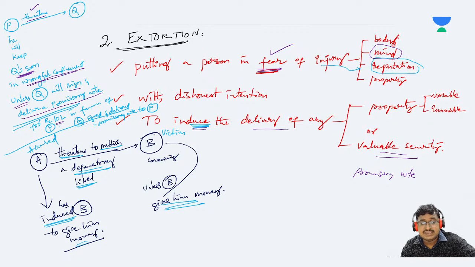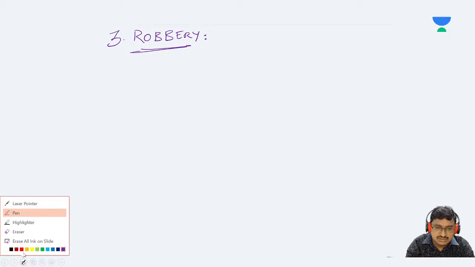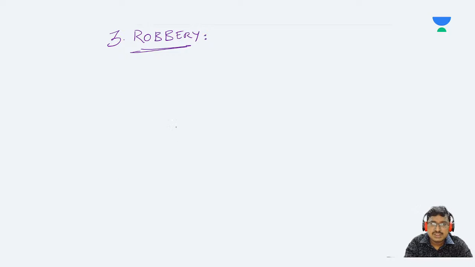Now, the next important offense, friends, is robbery. Now, let us see the ingredients of robbery. Third one, robbery. Friends, there are two parts with relation to robbery.